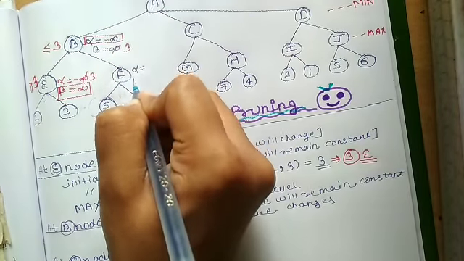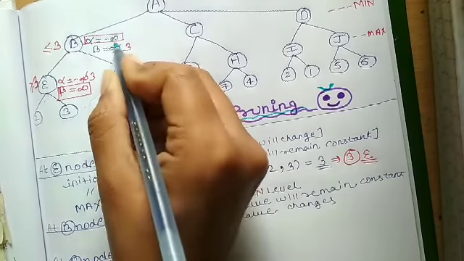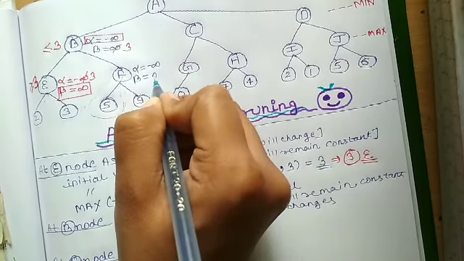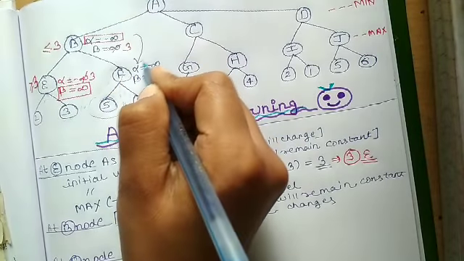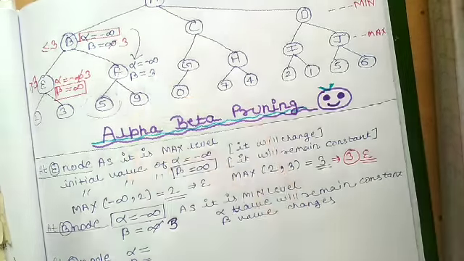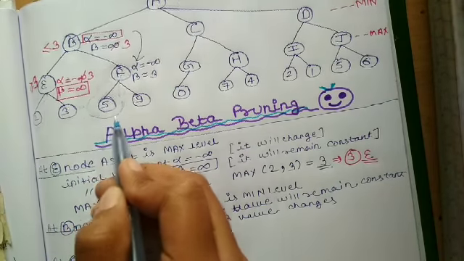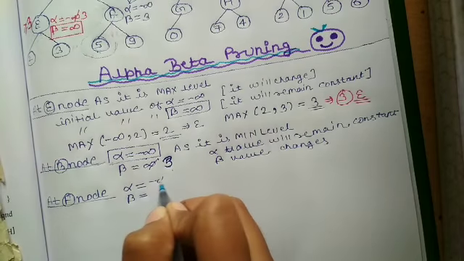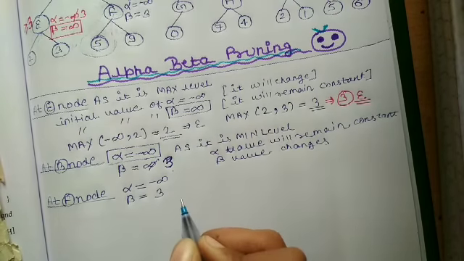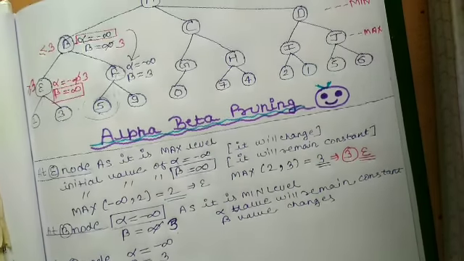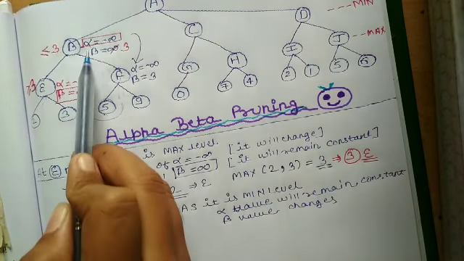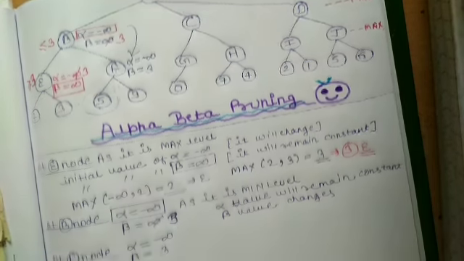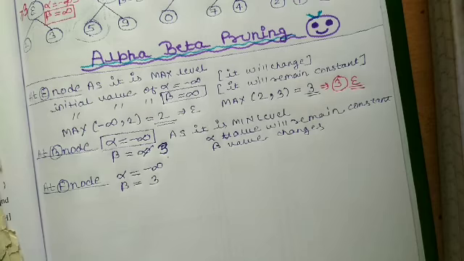Alpha will become minus infinity, beta will become 3, because we can take values downside the tree. So this is the case. Now when we are exploring this, we will compare these things. Alpha is equal to minus infinity, beta is equal to 3. It has taken values from the B node. We can take values downside the tree.